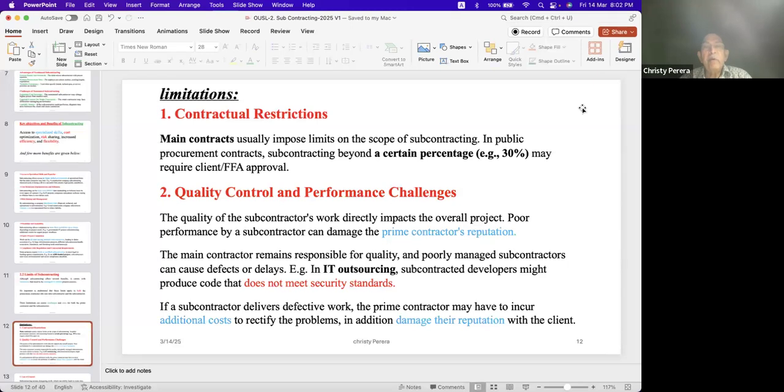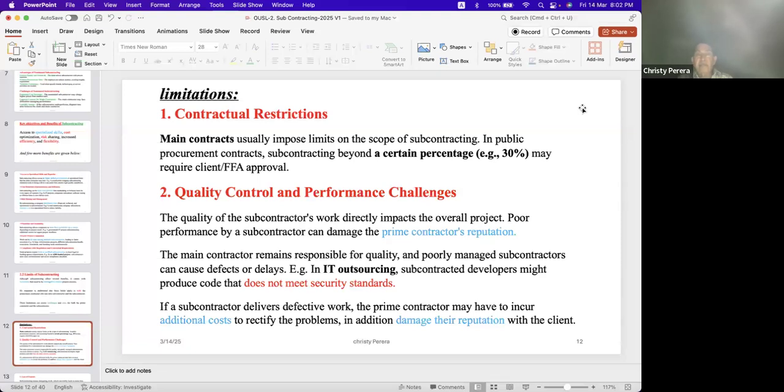Quality control and performance challenges. The quality of the subcontractor's work directly impacts the overall project. That is obvious, right? Poor performance by a subcontractor can damage the prime contractor's reputation. That is correct. Sometimes it may be a subcontractor's problem, right?